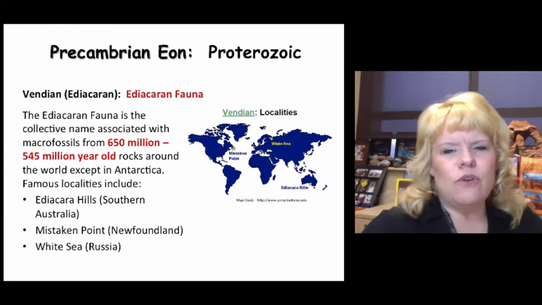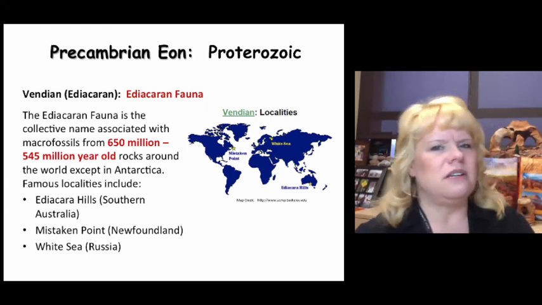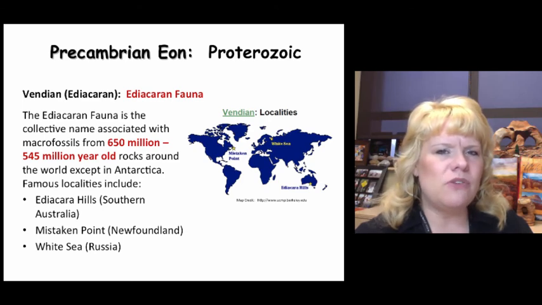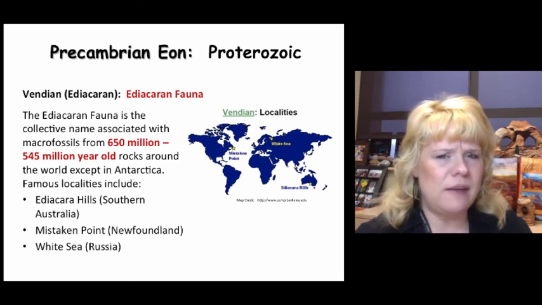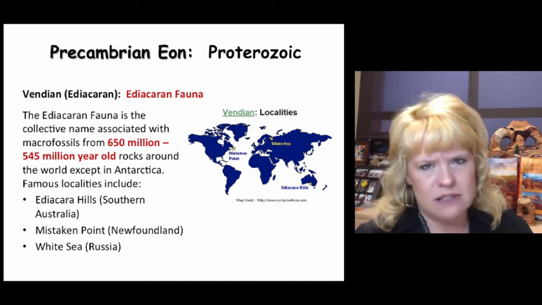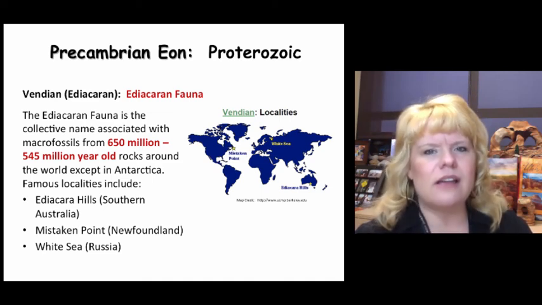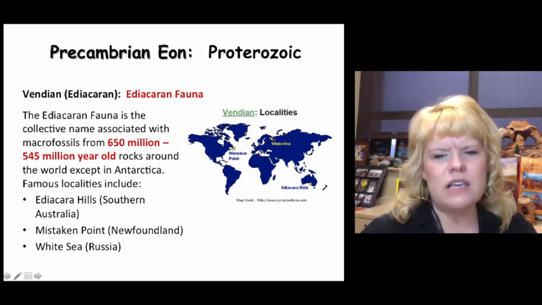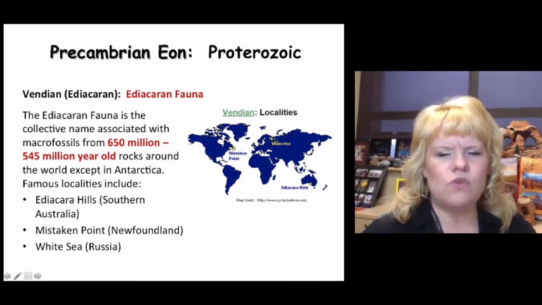So Ediacaran fauna is not just limited to South Australia. As a matter of fact, it's been found pretty much worldwide except on Antarctica. And 3 major localities in the world are the most famous. The one, Ediacara in South Australia, obviously. Then the White Sea outcrop that's found in Russia, and Mistaken Point in Newfoundland.